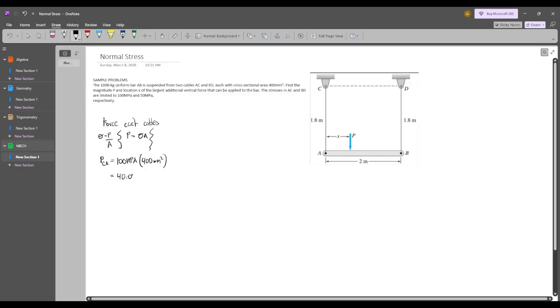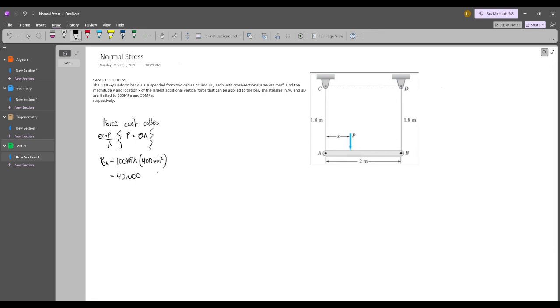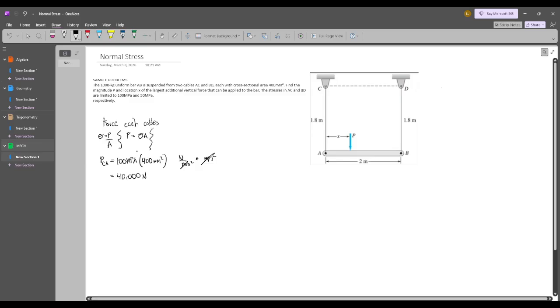I think that's 40,000 newtons, because the megapascals multiplied by meters squared just cancels out, leaving newtons.